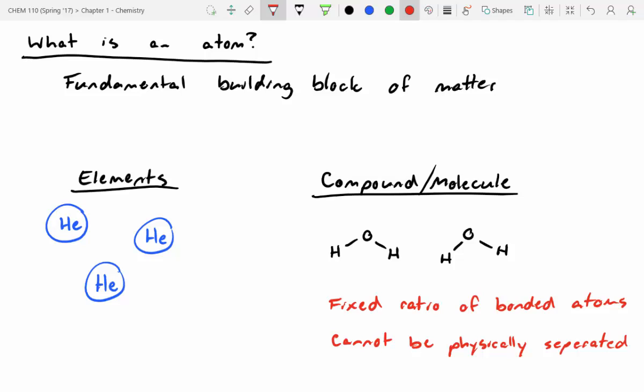Was there another question back here? So what you mean by fixed ratio, that just means that it can't be physically separated. Yeah, exactly. It means there are two hydrogens for each oxygen.